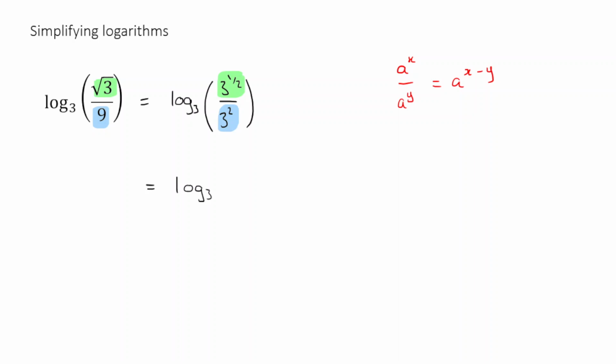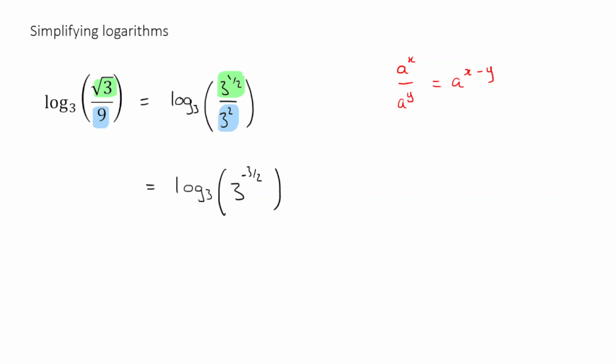Log base 3 of 3 to the power of a half minus 2. What is a half minus 2? Well, it's minus 1.5, or if you prefer, minus 3 upon 2. So then I've got log base 3 of 3 to the power of negative 3 upon 2.